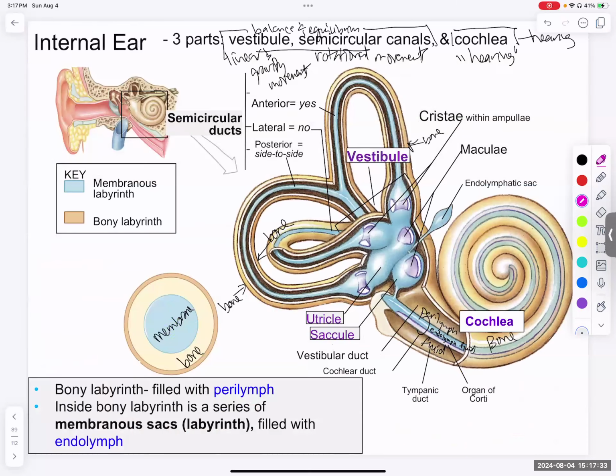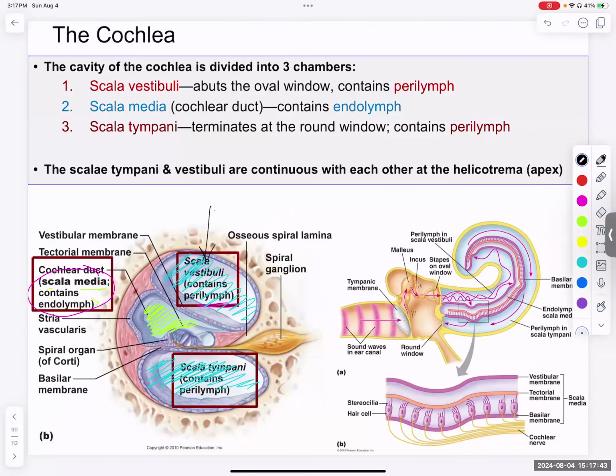What you're looking at is if we were to cut straight through the cochlea and open it up and look at it. This is the upper part, this is the membranous part in the middle, and that's the lower part.